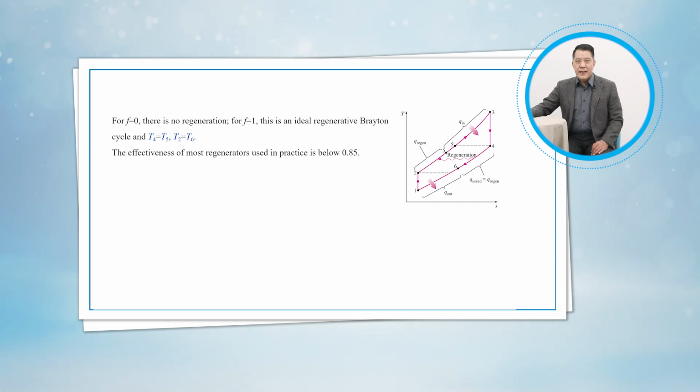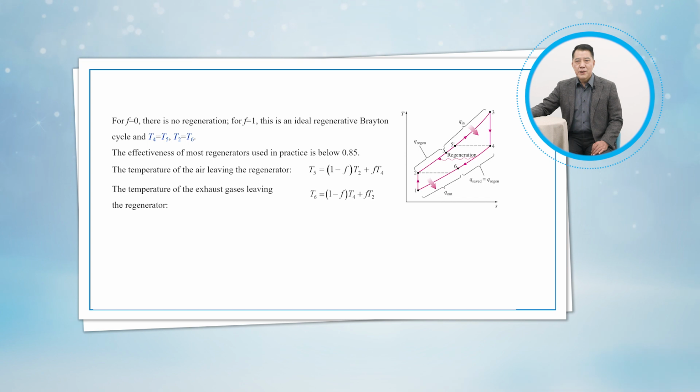The effectiveness of most regenerators used in practice is below 0.85. With the definition of effectiveness, the temperature of the air leaving the regenerator is given, and the temperature of the exhaust gases leaving the regenerator is given as well.